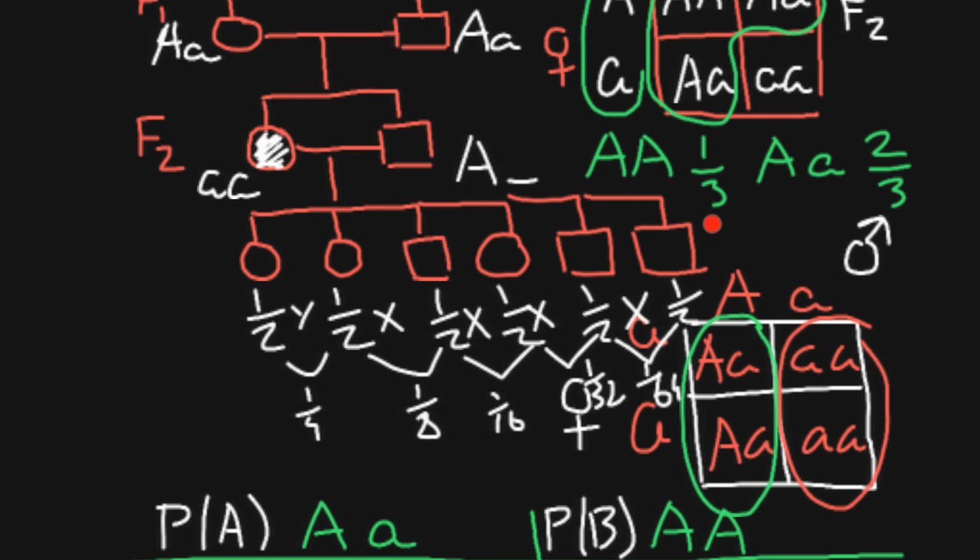Now, if we know that this couple have 6 progeny, it doesn't matter what the sex is, that are unaffected, we can say that the probability that this male is homozygous dominant would be 96.4%, and the probability that this male is heterozygous would be 3.3%.